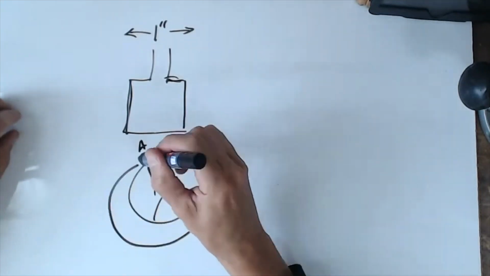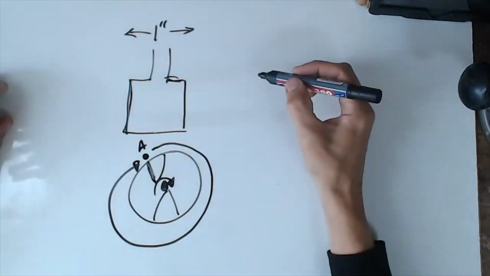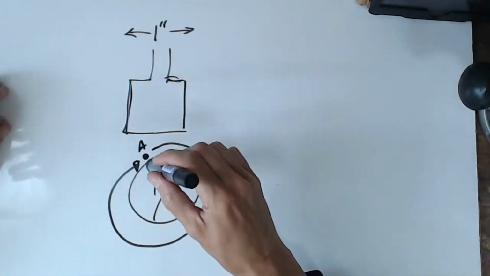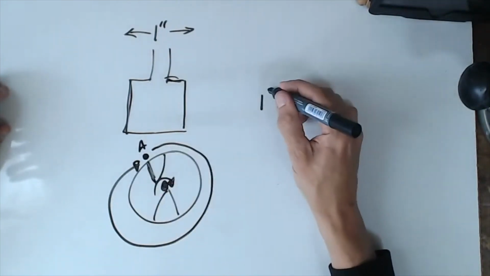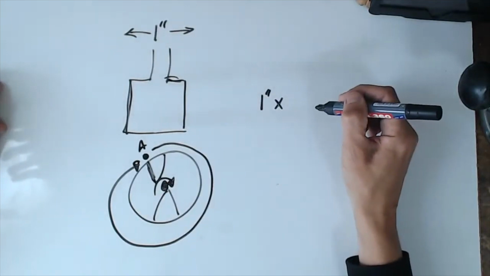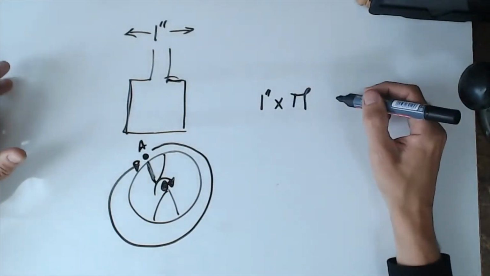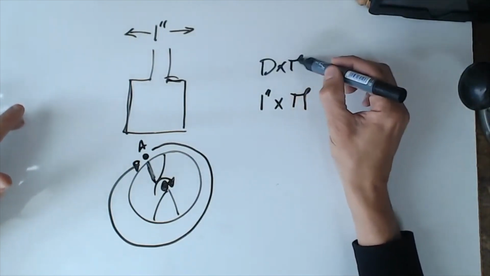it will travel at that tip a set distance. The distance it travels will be the length of its circumference. So for 1 inch, which is the diameter, multiply that by pi. That's how you work out the circumference of a circle. It's pi times the diameter.